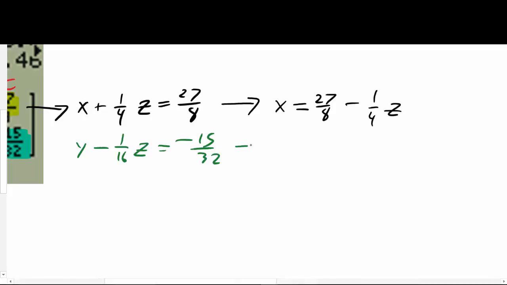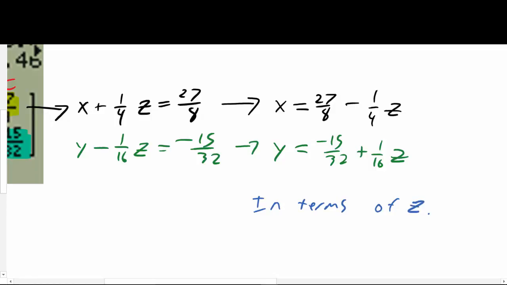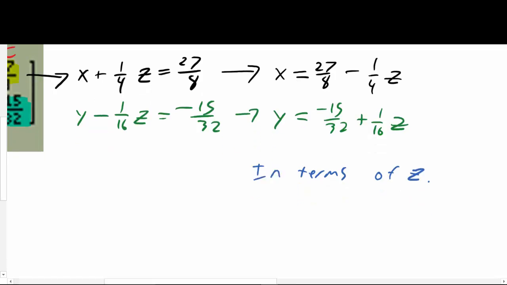And in this bottom row, if I were to solve for y, I would have negative 15/32 plus 1/16 z. So now this problem, how it's written, is easiest to describe in terms of z. And the reason why is I now have an equation for x in terms of z and y in terms of z. So what am I saying?